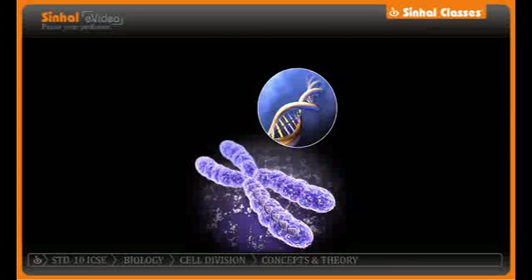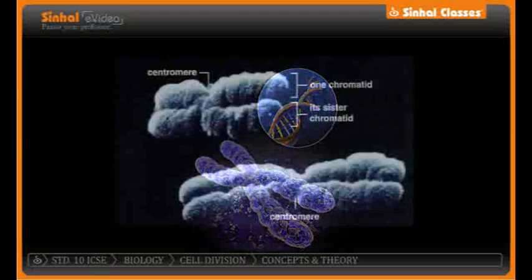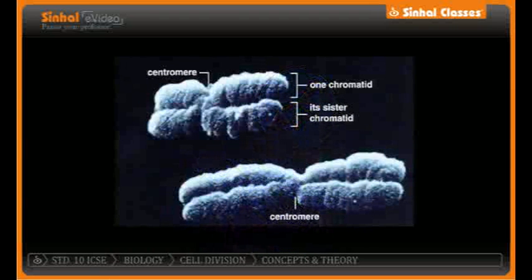You can see small constrictions here. So at this point, we should know that a chromosome is condensed and visible only during cell division, which is very important. And it consists of two chromatids joined at the centromere.